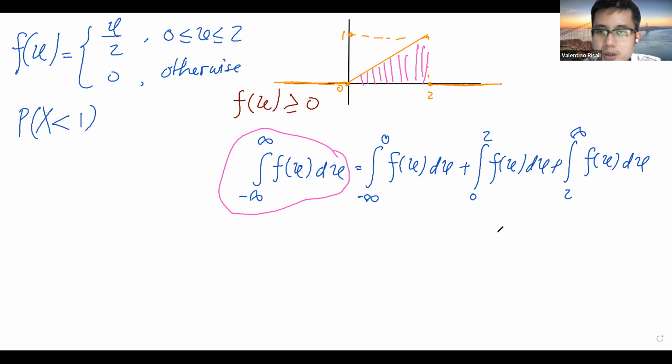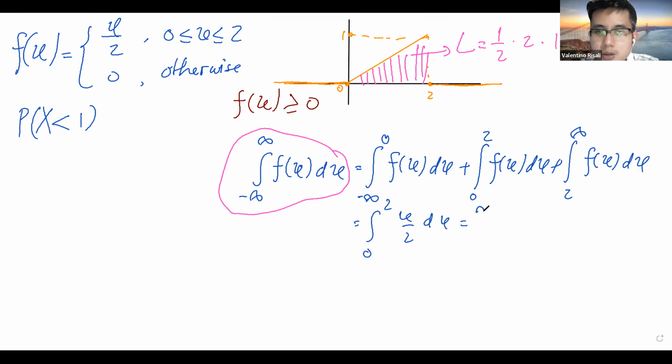Instead of using the integral, we can find the area of this region by the formula of the triangle: half times the base 2 and the height 1, and we get an area equal to 1.